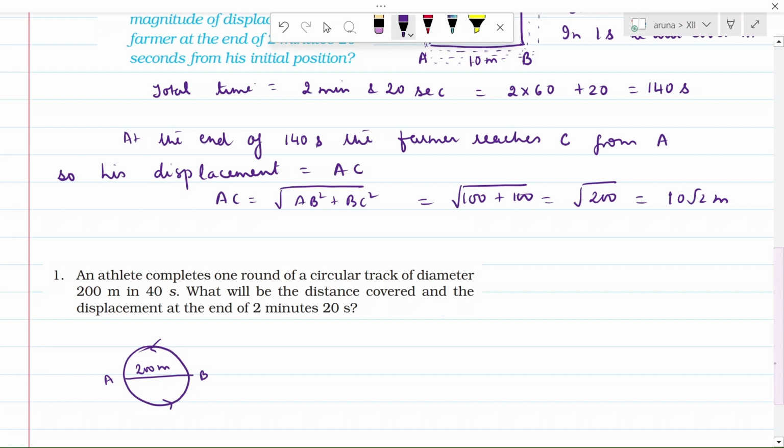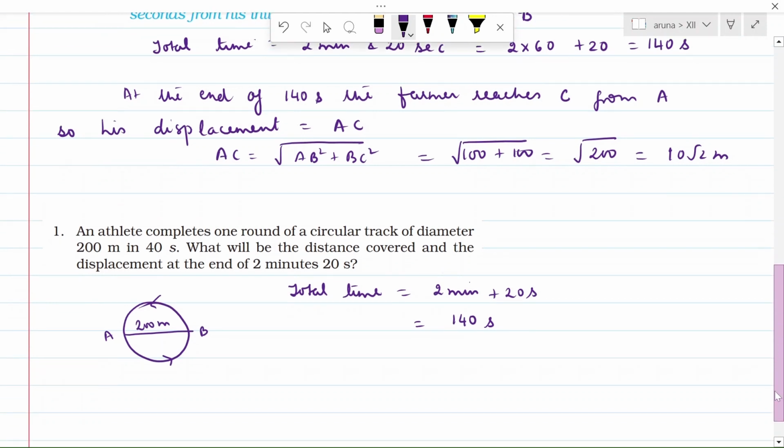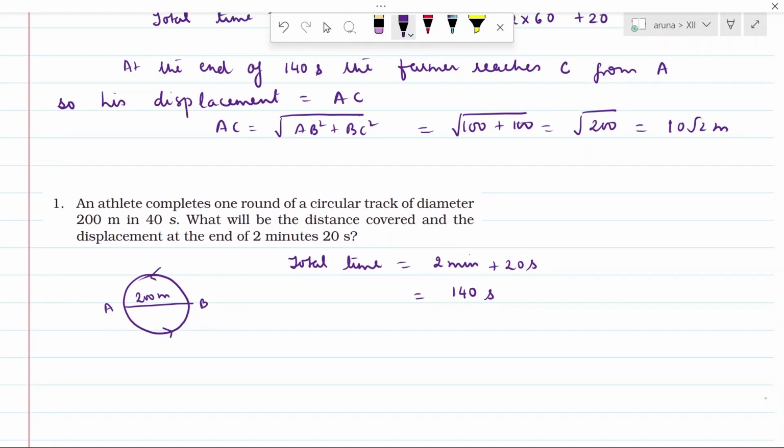Again the total time that the athlete has is 2 minutes plus 20 seconds. As we calculated in the previous question, it will be 140 seconds. Fine. So for one round, he takes 40 seconds.